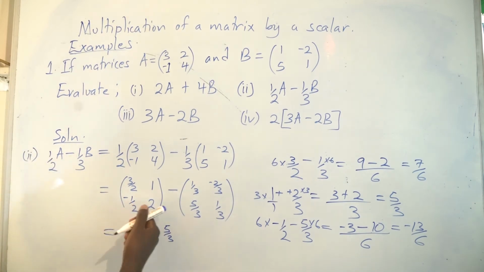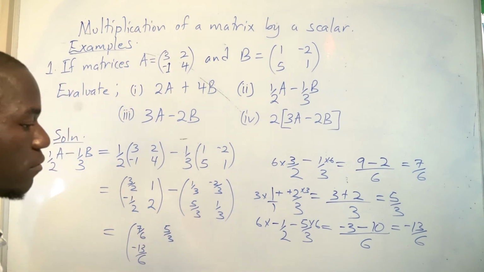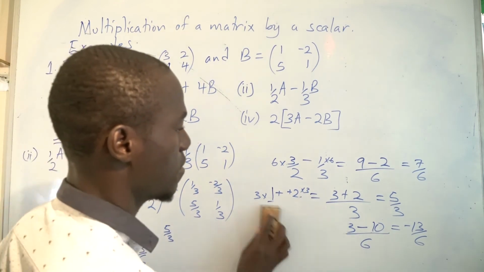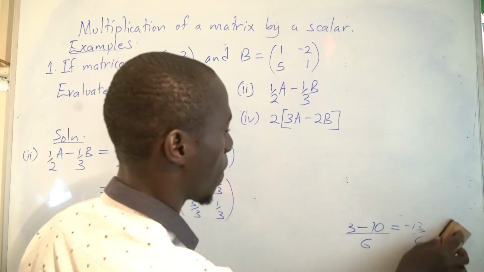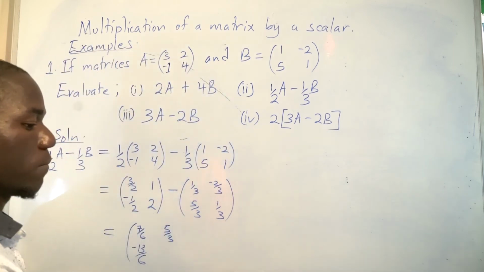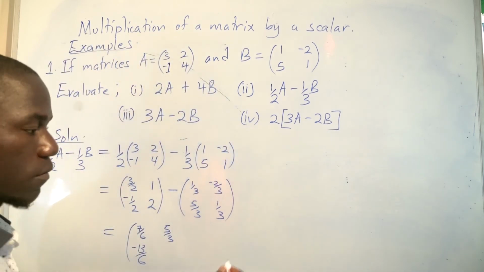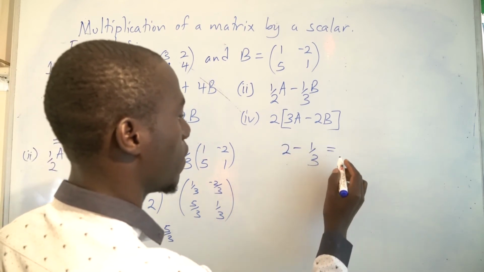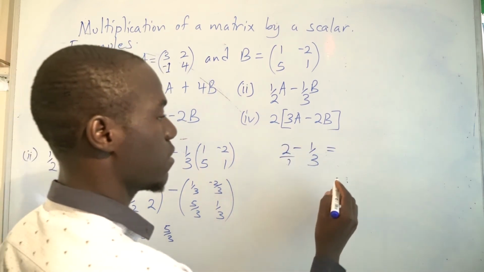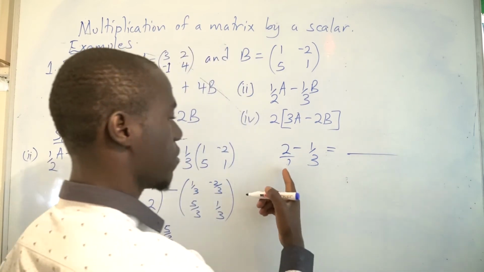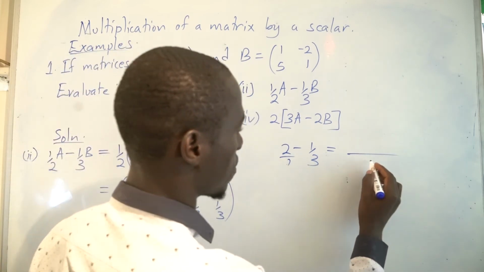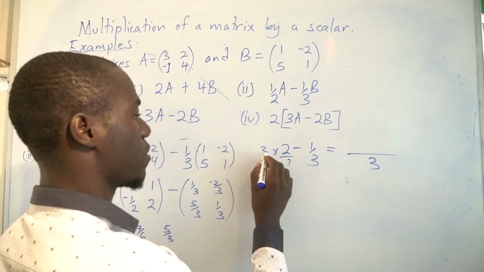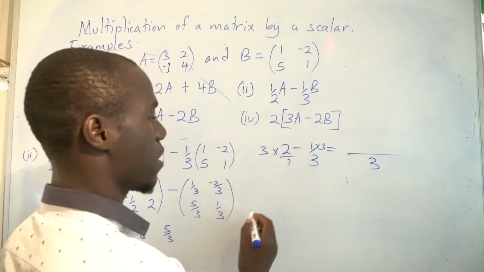Then lastly, 2 minus a third. The LCM of 1 and 3 is a 3. Then times 3, then times 3 there.